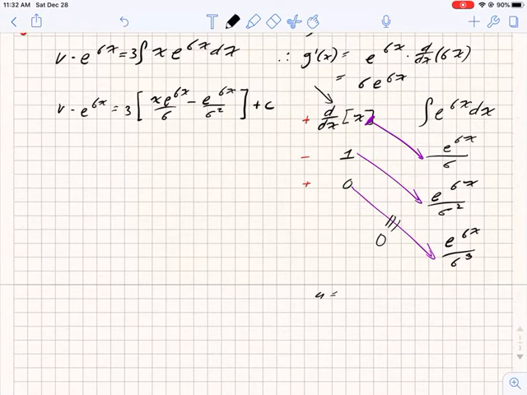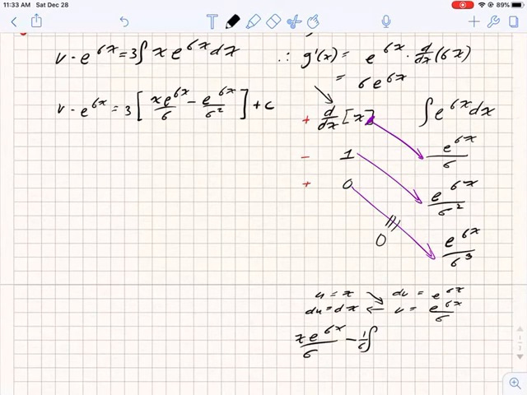So we let u equal x, dv equal e to the 6x, and du is equal to dx, and v is equal to e to the 6x over 6. We do our cross. X e to the 6x over 6 minus, this is uv minus integral of v du.